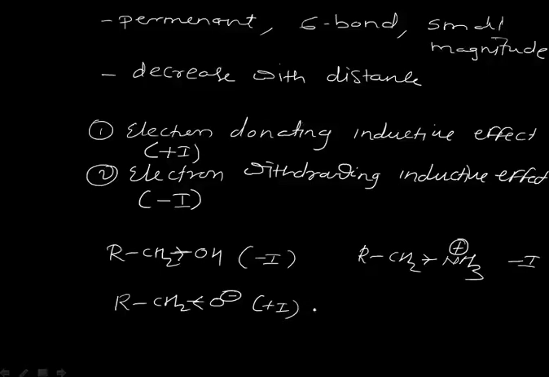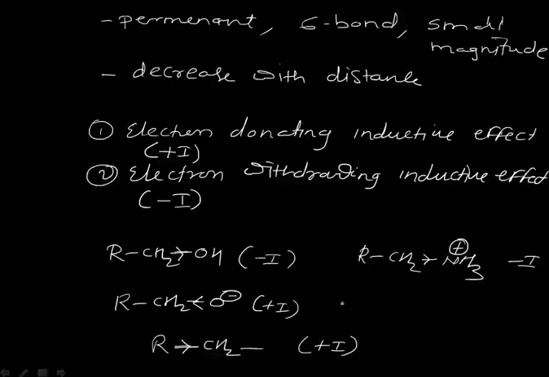Then, most of the alkyl groups, suppose we have R bonded to CH2 and some other group. Here this R, suppose it is an alkyl group, is going to show plus I effect.